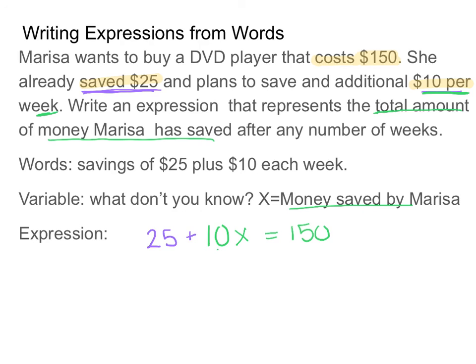So when you plug in a number here, this will tell you how many weeks she needs to save for. If it's 1 week, if I did 10 plus 25 is 35. That is not enough. So she definitely would need a few more. So my expression is actually 25 plus 10 times x, which that's the expression part of it. But this would be the equation you would need in order to solve.